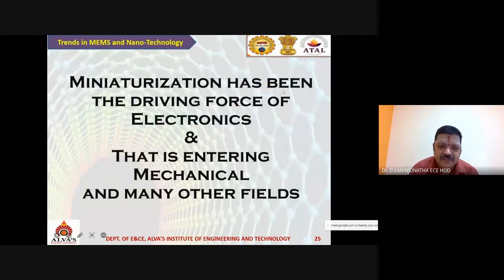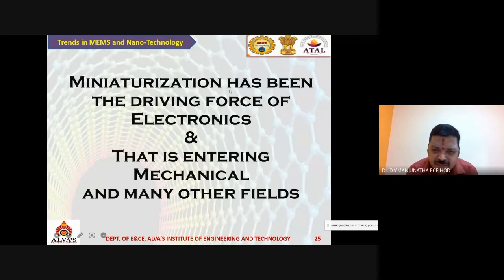Miniaturization has been the driving force of electronics, and that is entering mechanical and many other fields. Miniaturization is not a new topic in electronics. Under VLSI, very large scale integration, all of us know it has reached tremendous applications. As electronics people, we know the very large scale integration that has been achieved.